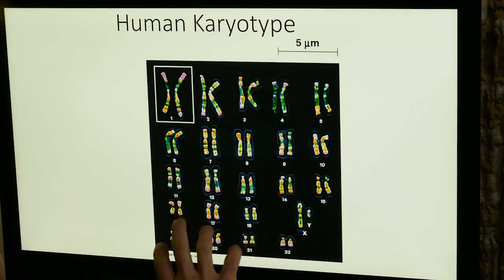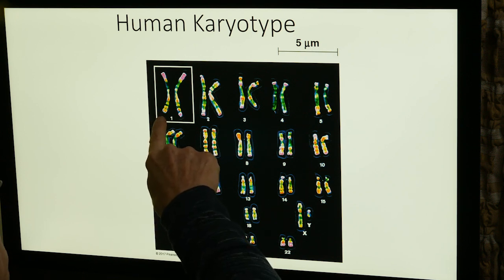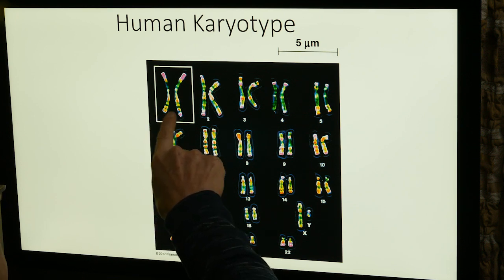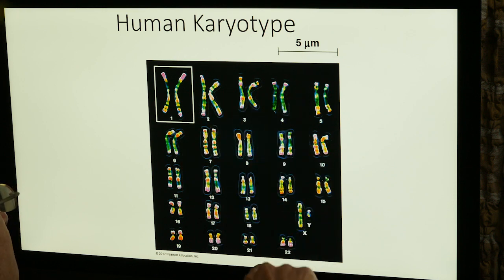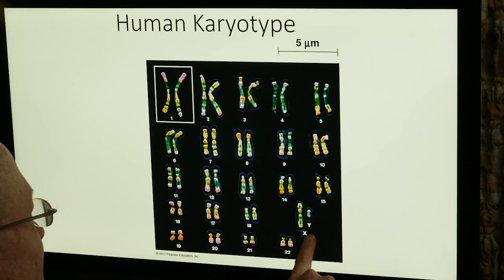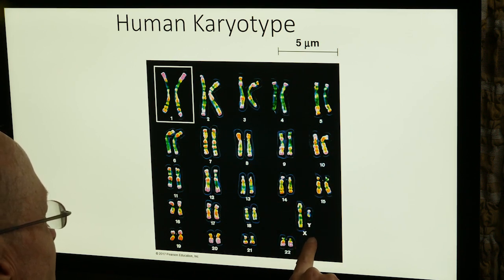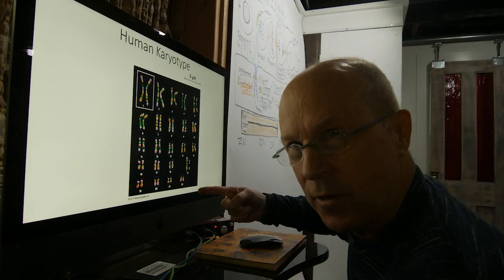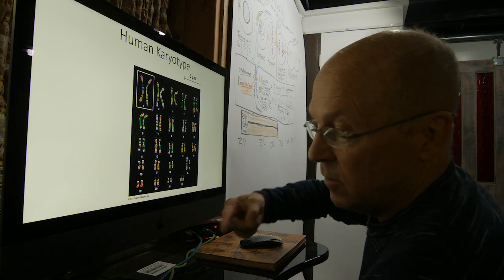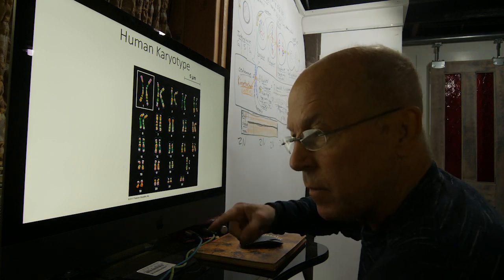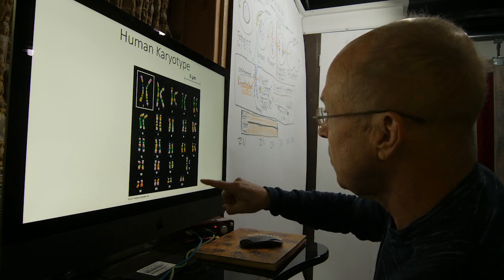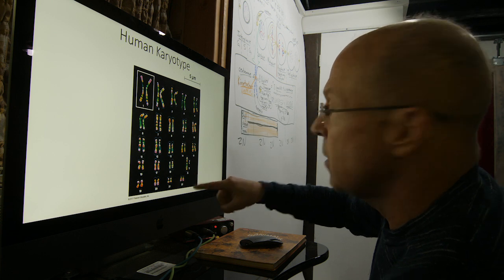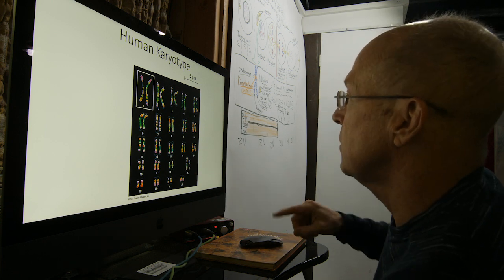So that's what these are, and so for number 1, we've got 1 and 2, number 2, on down the line, and notice that right over here, things get interesting because we have an X and a Y. So naturally, this fetus that produced this cell, that was sampled from the mother, is a boy. It's a male coming along.